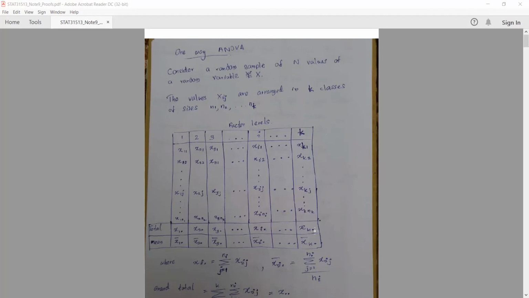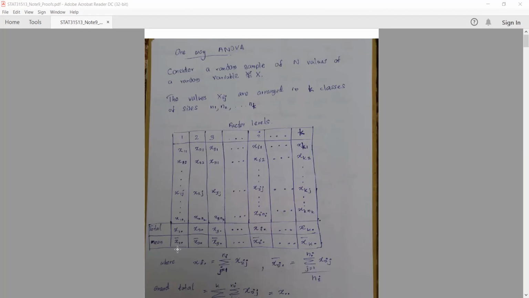Then we can calculate the mean of each treatment. To get the mean, we divide the total by the number of observations. For example, for treatment 1, the summation is x1 dot and you have n1 observations. If you divide x1 dot by n1, you will get the mean under treatment 1, which we denote as x1 dot bar.